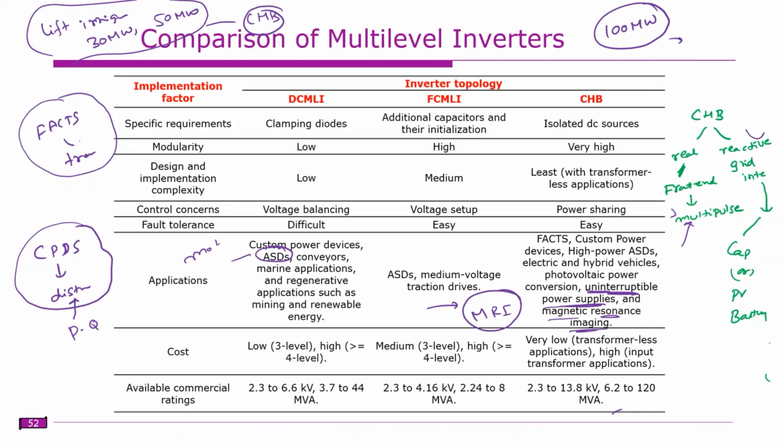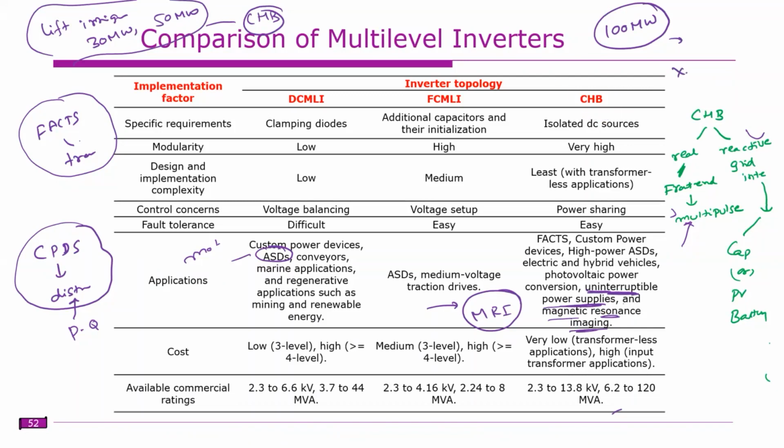Okay. For that, you require high voltage, because MRI machines operate at, for example, a 1.5 Tesla or 2 Tesla magnetic field, which is very high. So you require a high voltage, which is obtained from a CHB.